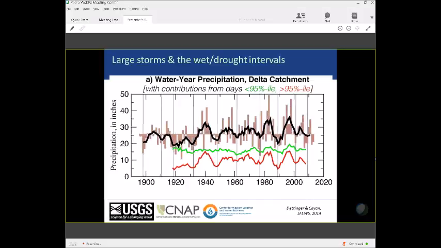And I should say that if you add the red curve onto the top of the green curve, you get the black curve. So these aren't stacked in that way. I haven't stacked them already.